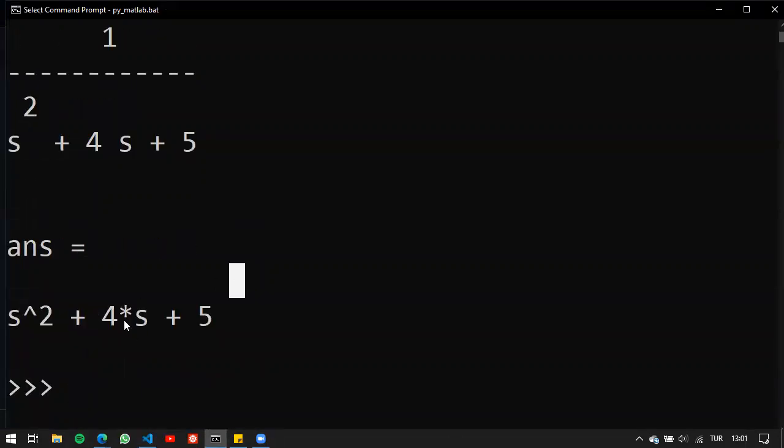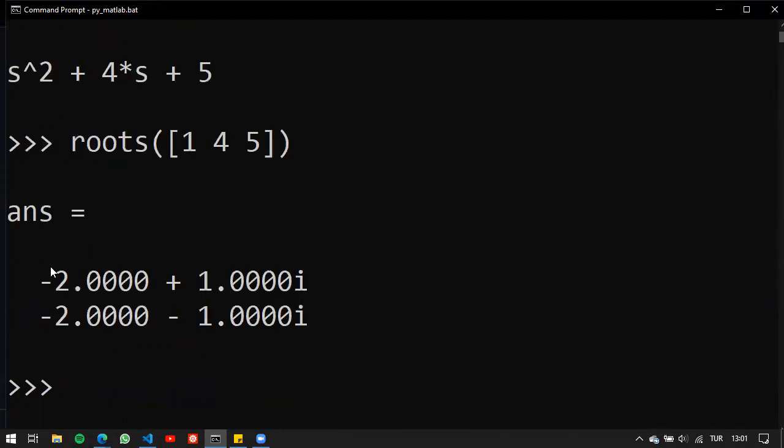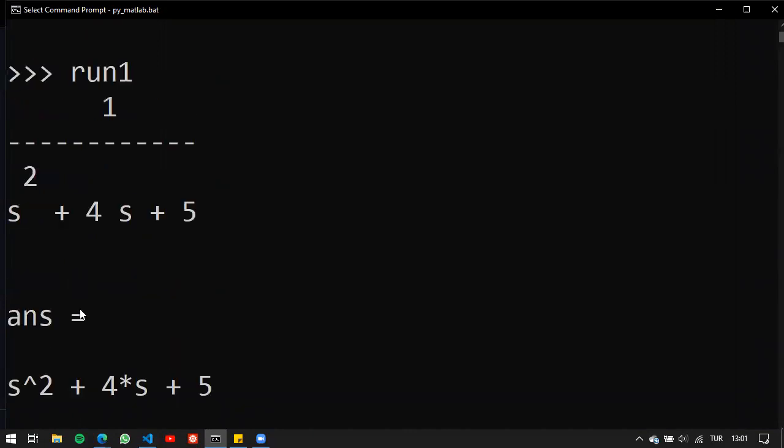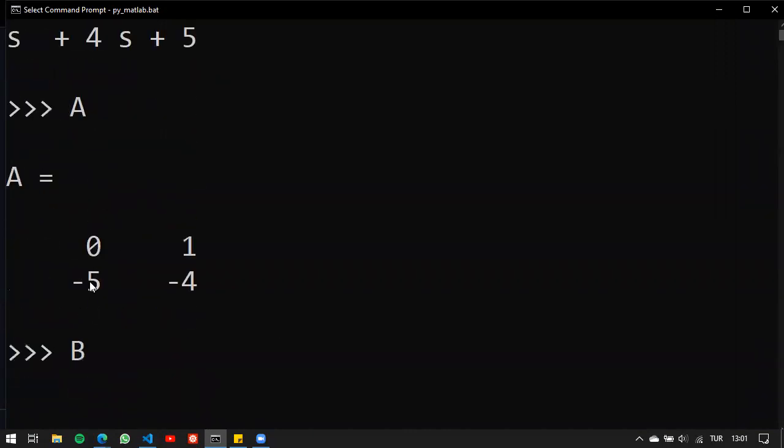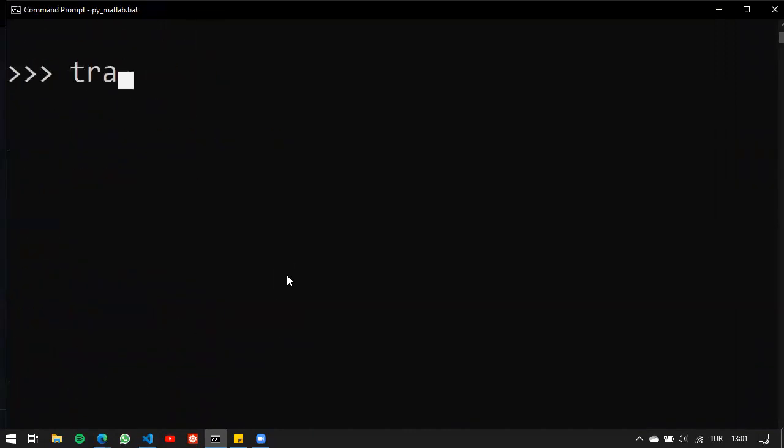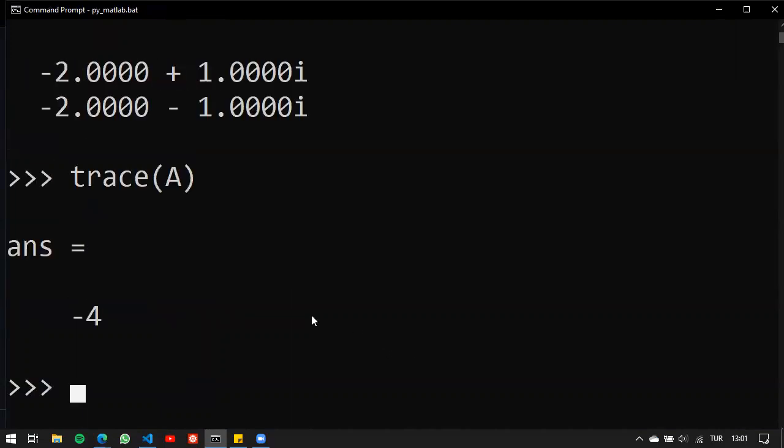And we can directly solve for the roots of this, with coefficients 1, 4, and 5. And these are the roots. Note that the sum here is minus 4, and the trace of the matrix, you can just directly ask Matlab, is minus 4.